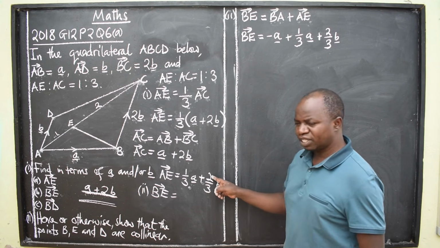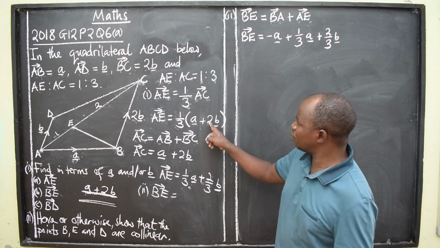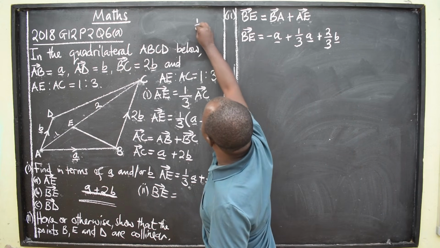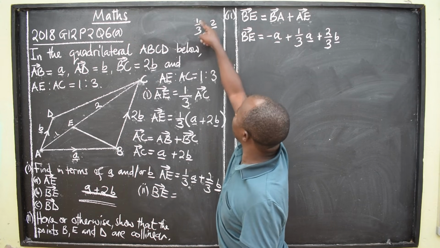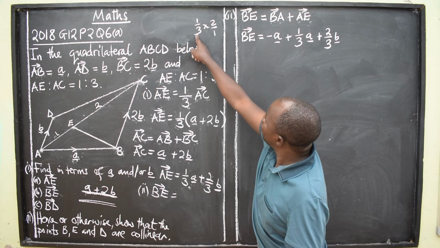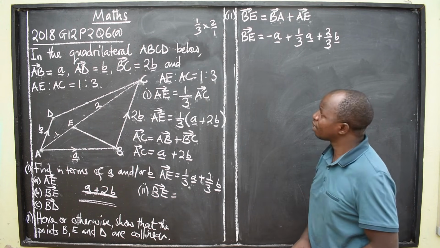Did you know where we got the 2 over 3? We multiplied 1 over 3 times 2. It means over 1 here. 1 times 2 is 2. 3 times 1 is 3. That is where we got that from.